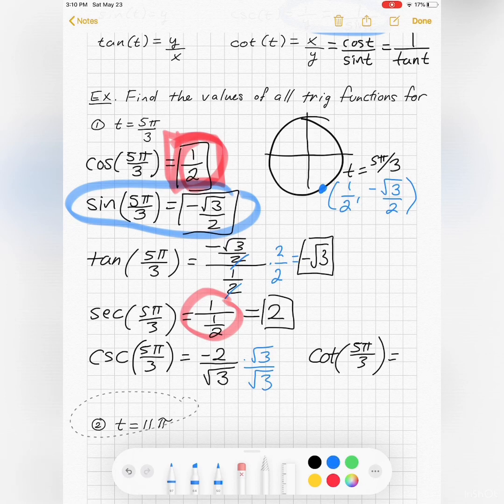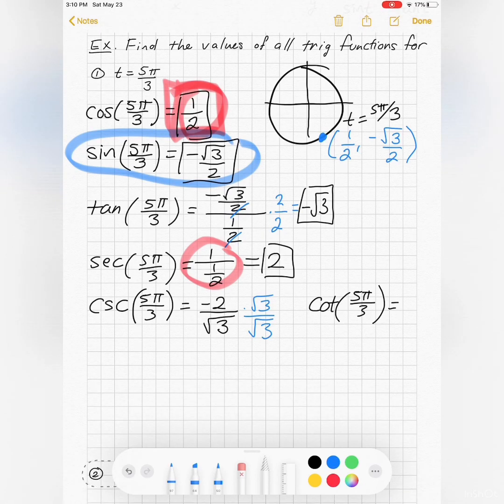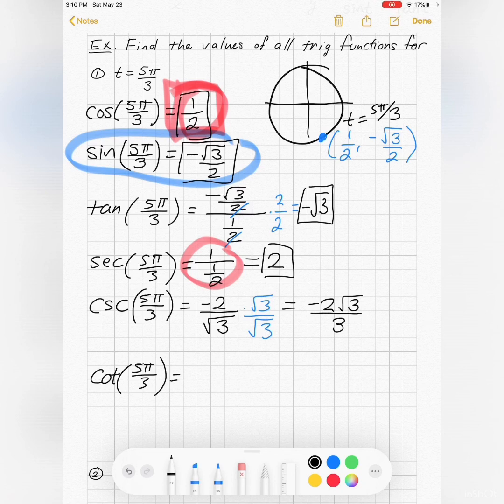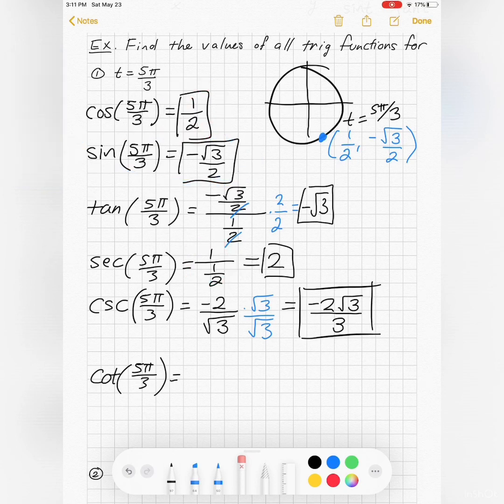I'm going to move that, and that way we'll have more room for this one. Let me finish this. Okay, there are my values.